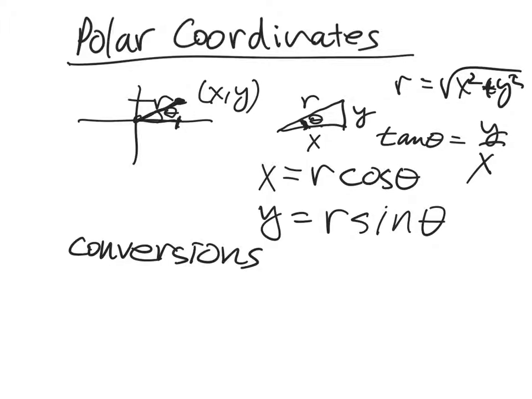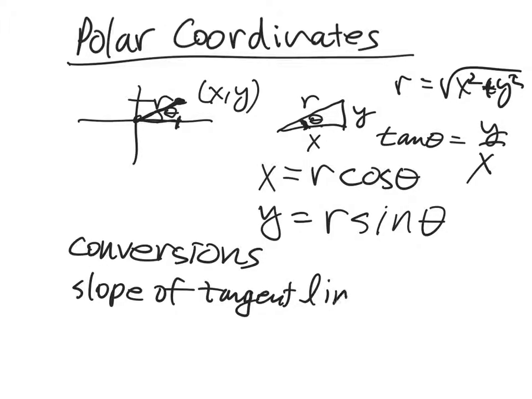Another problem that we ran into was the slope of the tangent line. It gets really confusing to me when they throw this in the general formula. What I have to think about, let's say r equals 1 plus sine theta.